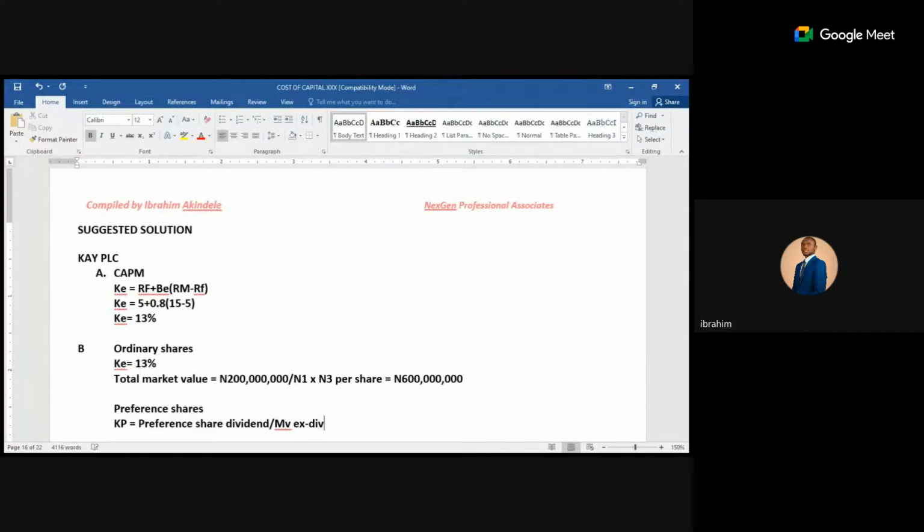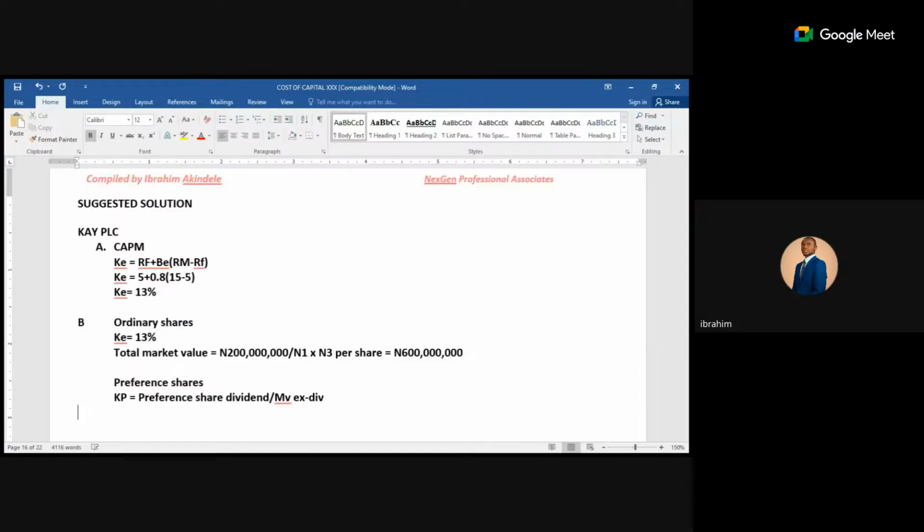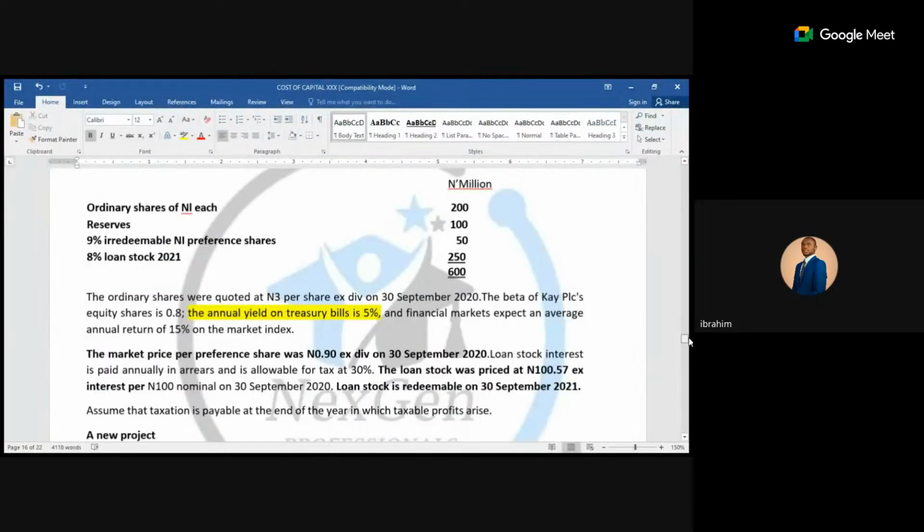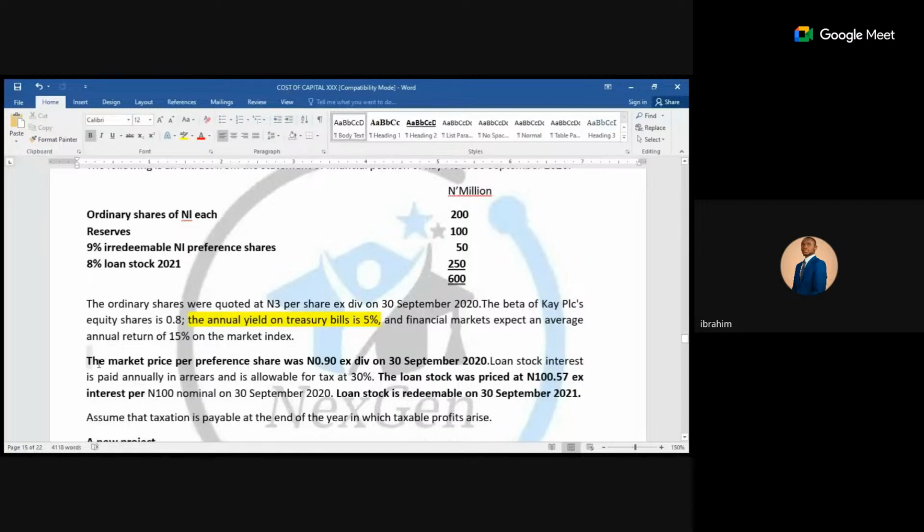What is the preference share dividend? You can see that it is not given here, but the preference share is 9%. So we can have 0.09.